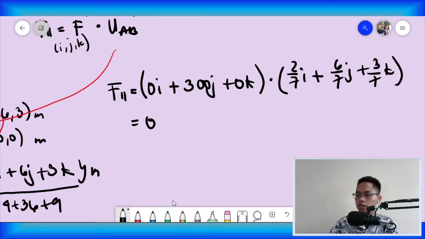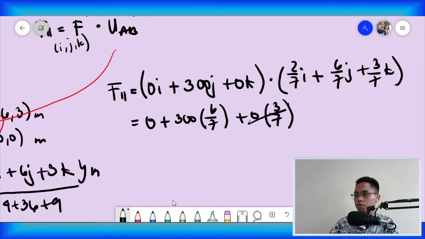So, it is just a scalar. This would be 300 times 6 over 7 plus 0 times 3 over 7. So, obviously, this would be 0. Now, our F parallel is just equal to 300 times 6 over 7.